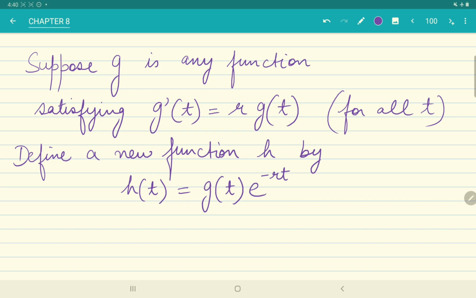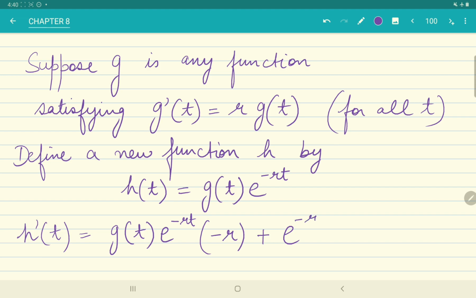Now if I go for h prime t, I can apply the product rule, and then I will have g of t e raised to the power minus rt multiplied by minus r, plus e raised to the power minus rt multiplied by g prime t.